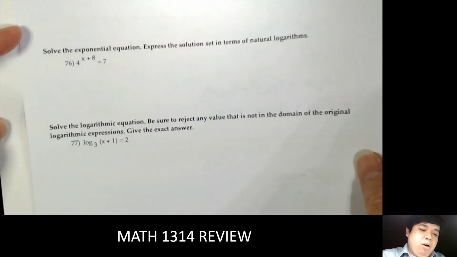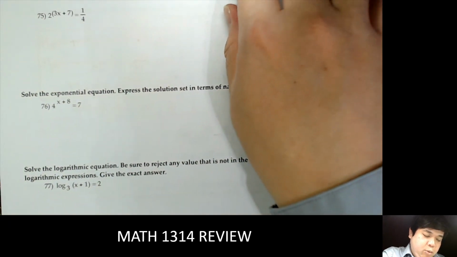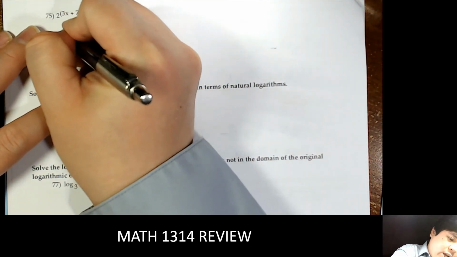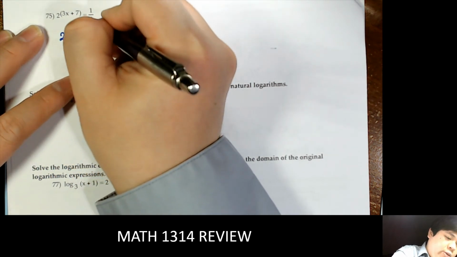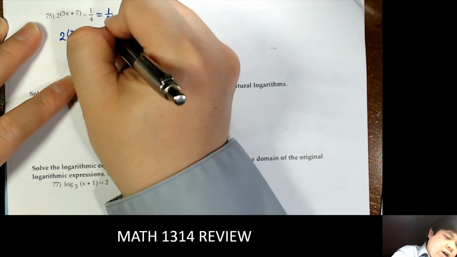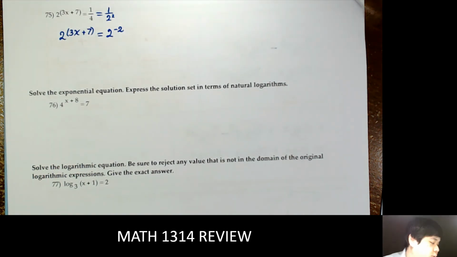Right, more exponential equation. So we have 2 to the 3x plus 7 equal to 1/4. We can write 1/4 as 1 over 2 squared, move to the top, becomes 2 to the negative 2.